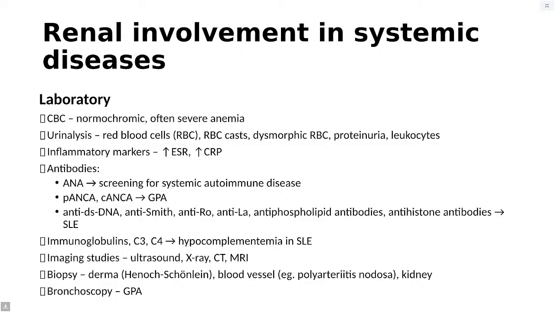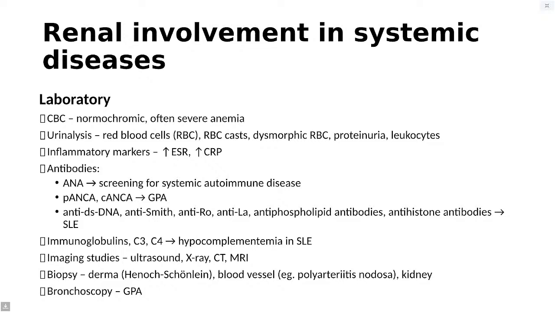Laboratory tests. Typical is normochromic, often severe anemia. In urine analysis, we can see red blood cells, casts, dysmorphic erythrocytes, proteinuria, leukocytes. Inflammatory markers are elevated.